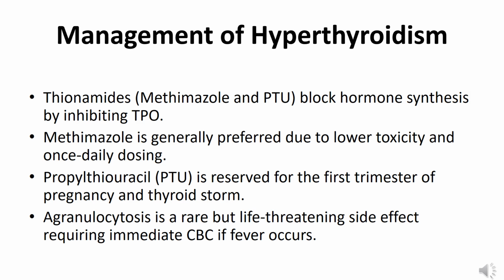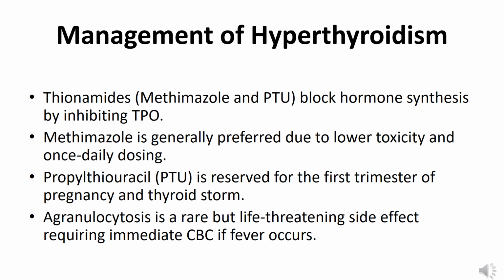If these symptoms occur, the medication should be stopped immediately and a complete blood count, or CBC, must be obtained urgently. Early recognition is critical because untreated agranulocytosis can rapidly become fatal. Liver toxicity is another important concern, especially with propylthiouracil.